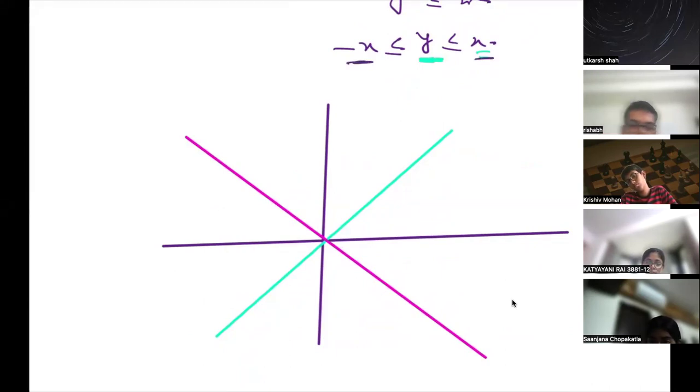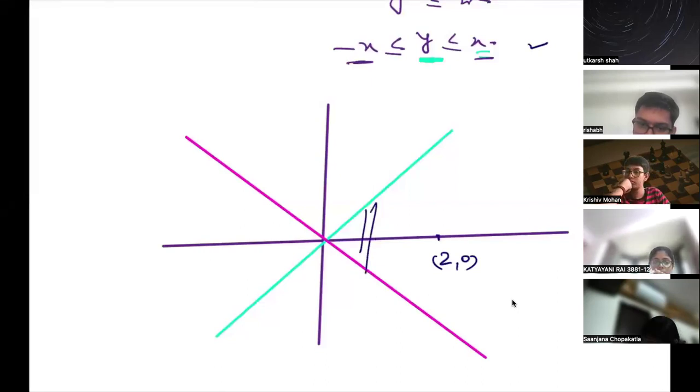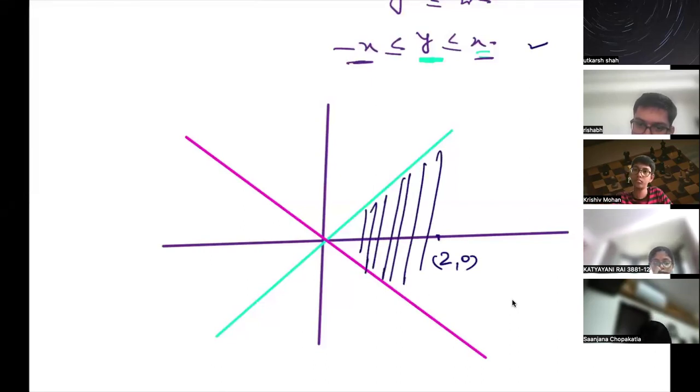How could we see which portion is coming in between? Try any values, like put 2 comma 0. Is 2 comma 0 satisfying this equation or not? 2 comma 0 is satisfying, right? So the points lying in this portion will satisfy.